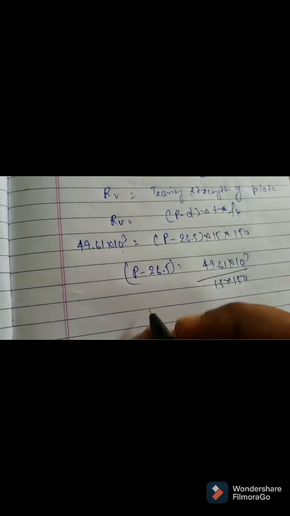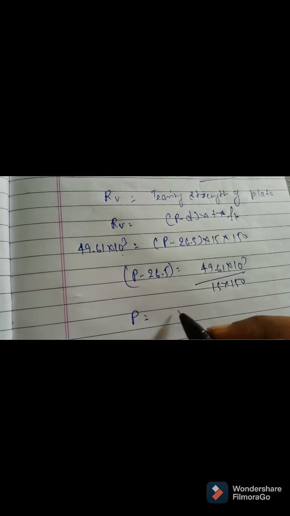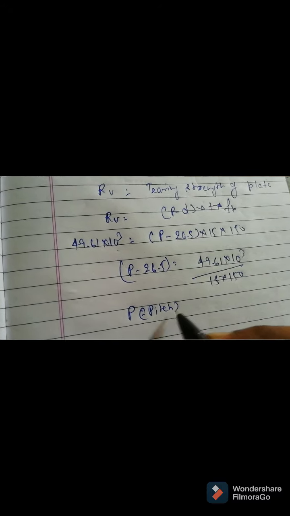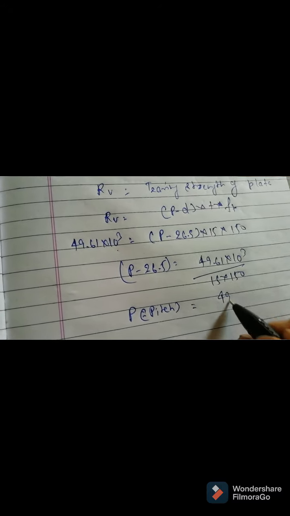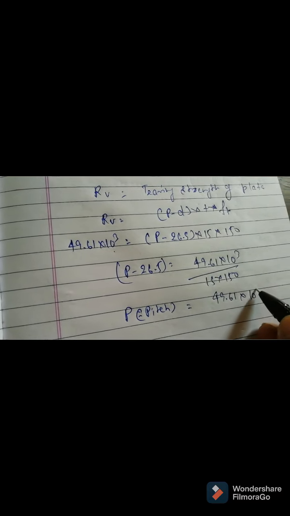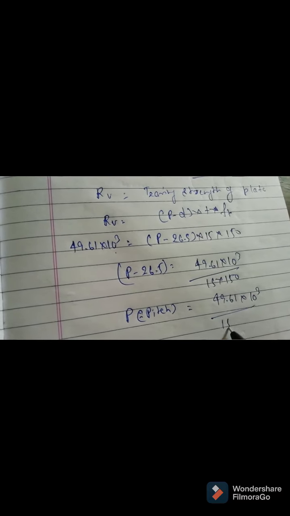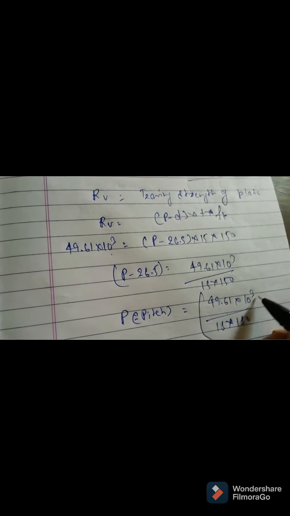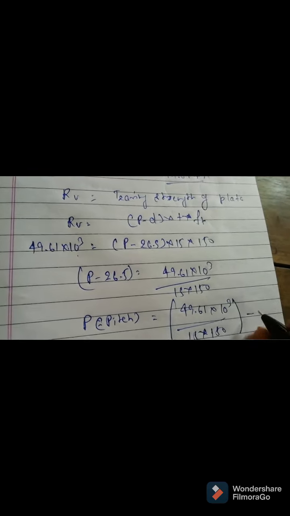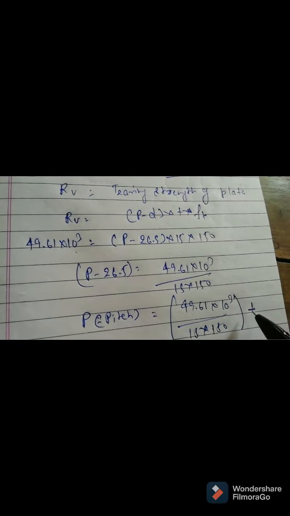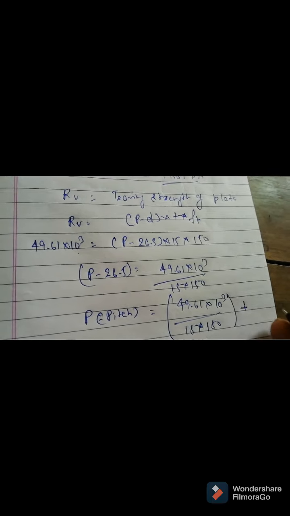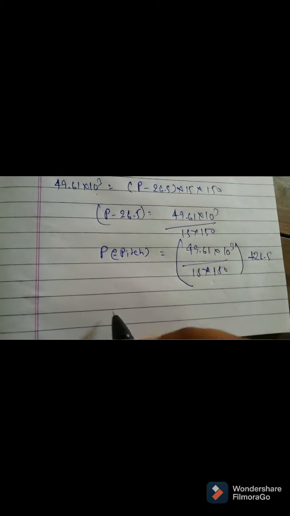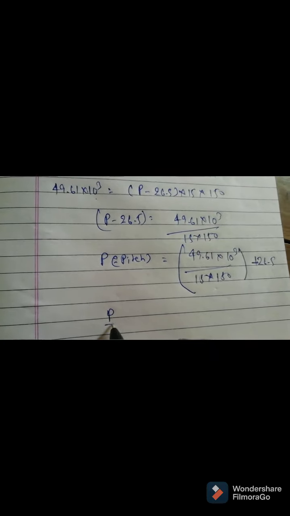So you can calculate the pitch P equal to 49.61 into 10 power 3 upon 15 into 150, solve this, and then here it will be plus 26.5. So by using this formula you can calculate the value of your pitch.